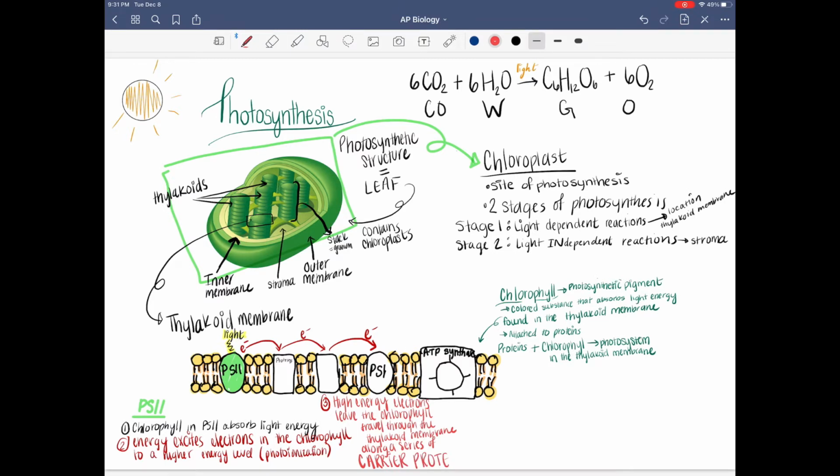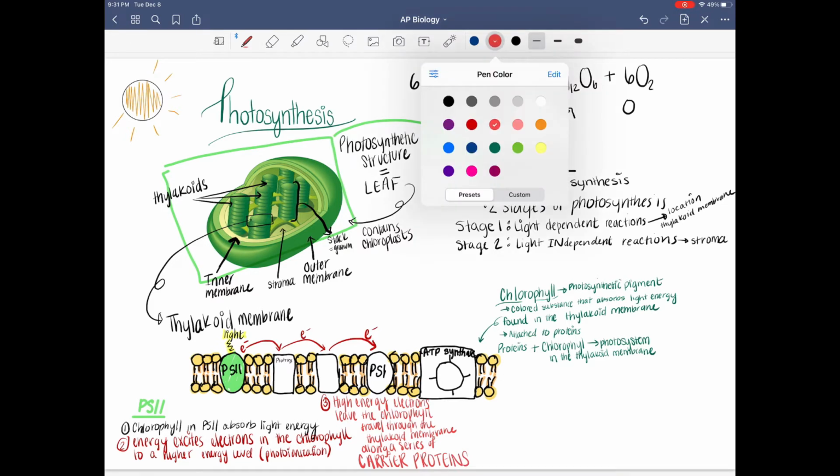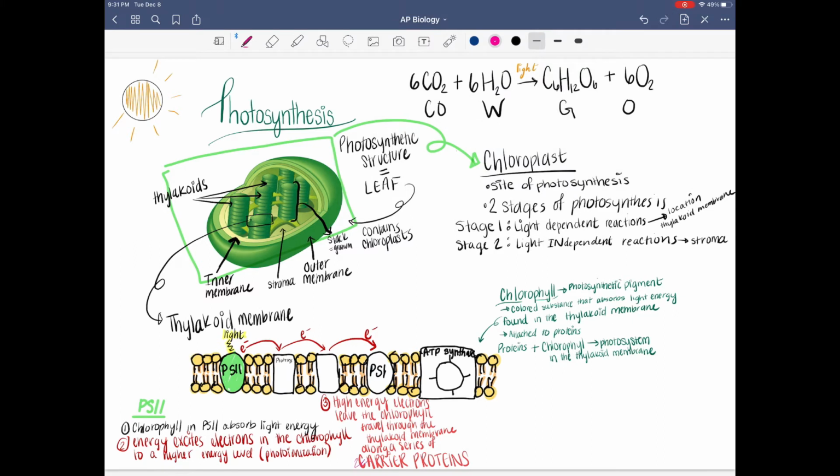Each transfer of the electron releases a little bit of energy for those proteins to use. Remember when we learned about cell transport, our protein pumps for active transport need energy. This is the energy that they're going to use to pump hydrogen ions that are in the stroma into the thylakoid.